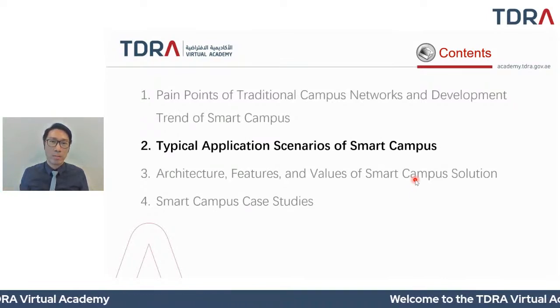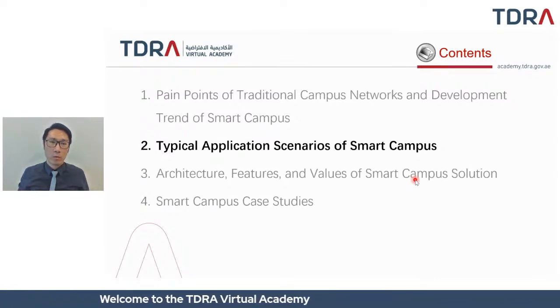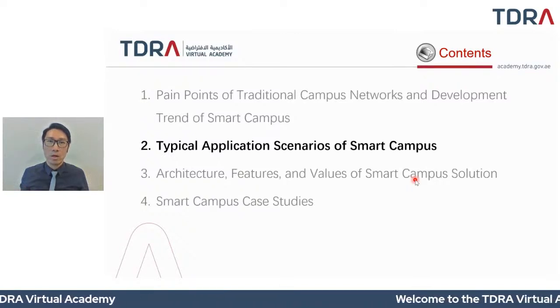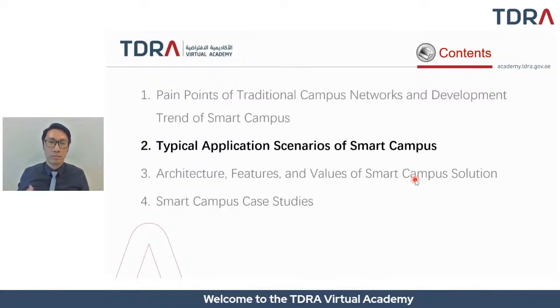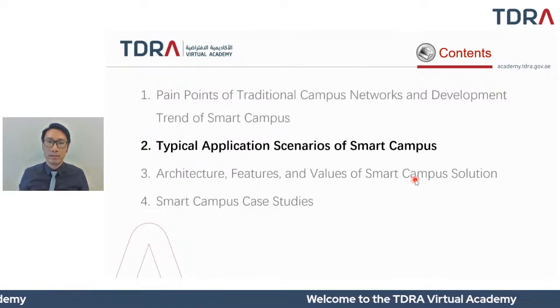So maybe you can drop a message in the chat box and let us know what new service provided by new technology you want, to solve your problem. Kindly share what you think the new service can do to give you a better, more convenient life in the campus.